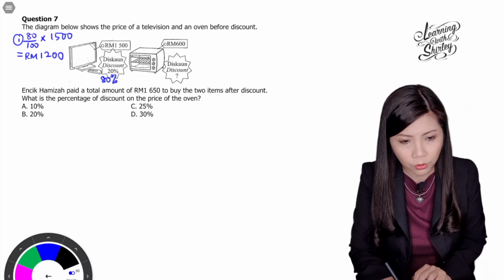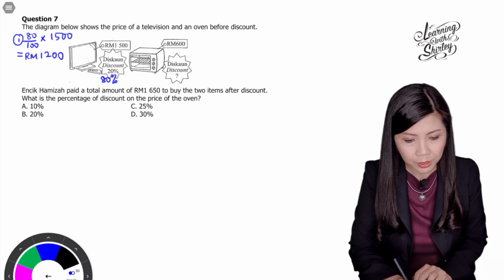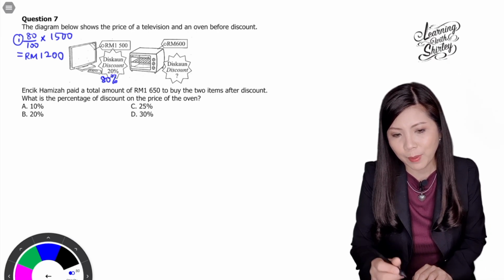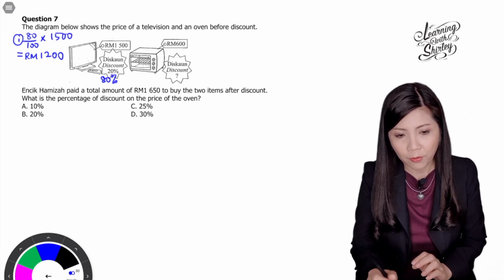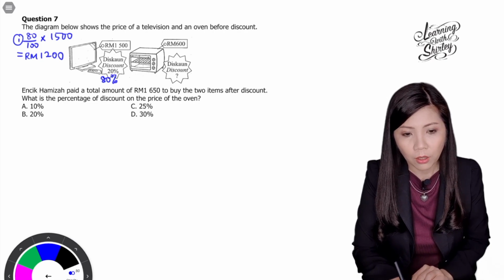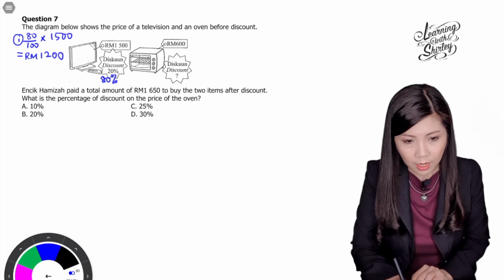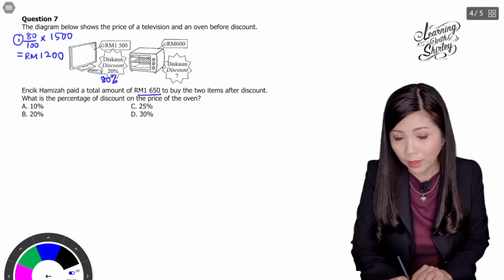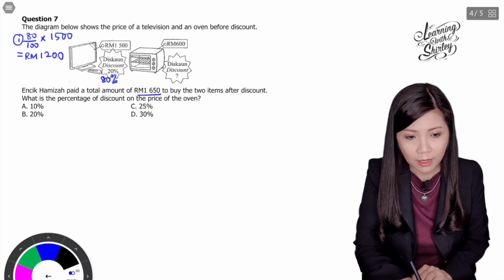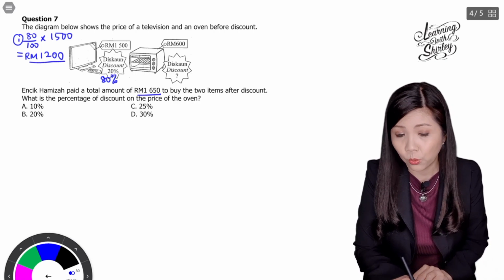Step 2 is I'm going to find how much balance he needs to pay for the oven. Here he paid a total amount of 1,650 and the television is 1,200.